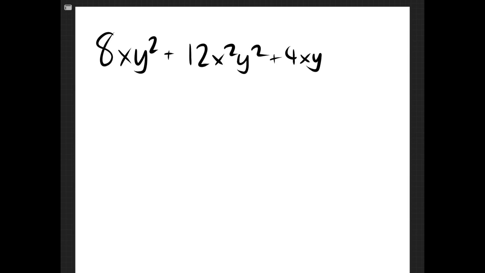The next thing is the y's, and they all have at least one y. Now the first two have y squared, so 8xy squared and 12x squared y squared, but 4xy does not have a y squared, so y is going to be part of our GCF. And also, if we look at the numbers, each one of these numbers divides by 4.